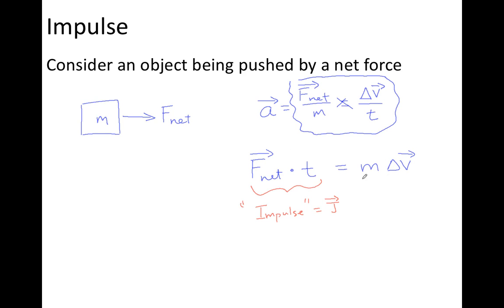And if you multiply the change in velocity by the mass, you end up getting the change in momentum. Since these are equal, the impulse is equal to that change in momentum. This is what we call the momentum impulse theorem: when a force acts for some amount of time, it will cause an associated change in the momentum of an object.